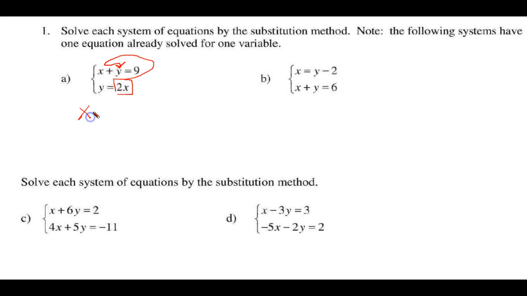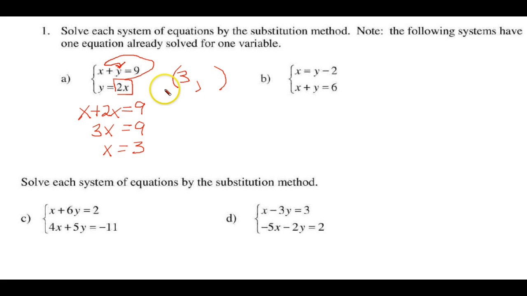So it'll be x plus 2x, that is the value for y, 2x, equals 9. We get 3x equals 9, x equals 3. Now we have one of the members of our ordered pair, which is a 3.